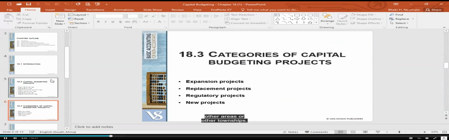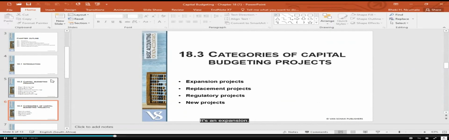So if it's an expansion project, it's an expansion. We moved to Namibia, so there are costs that are involved in that process. So we need to consider that.